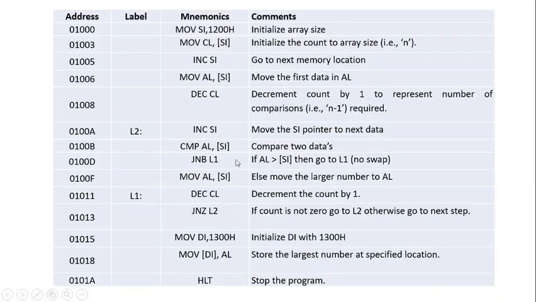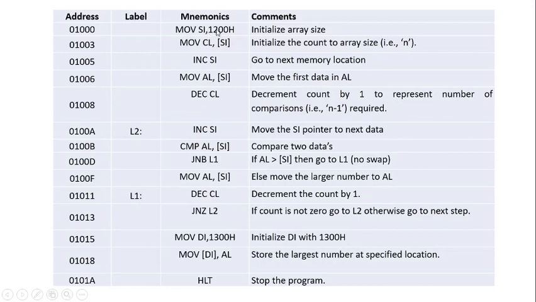Now this is the program for finding the largest number in an array. First of all, we are initializing the SI source index register with this value. It will act as the effective address for the specified physical memory location where we are storing the data.